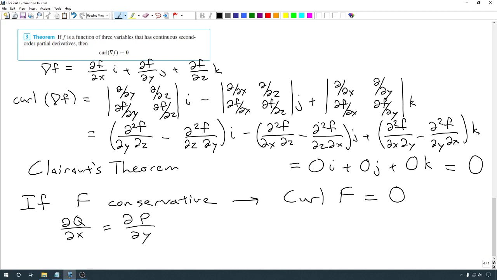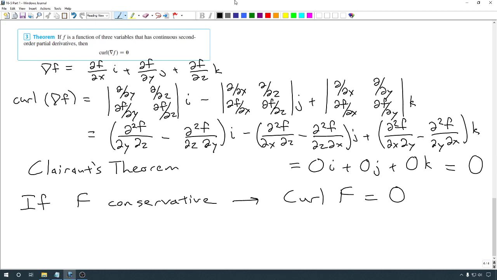Well, here we're saying the exact same thing, but we have three different components that we're working with. This equality is just saying that the k component of our curl is equal to 0. For a two-dimensional vector field, that's the only component that wasn't 0 automatically.